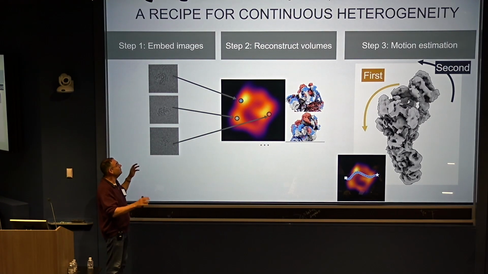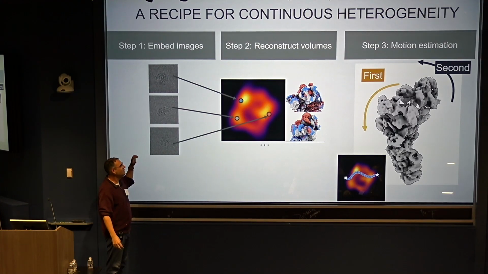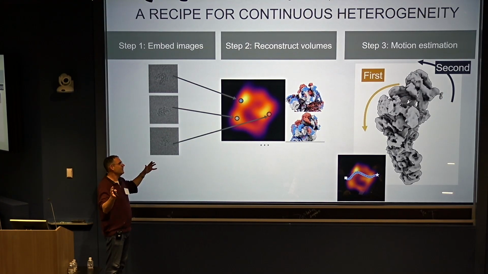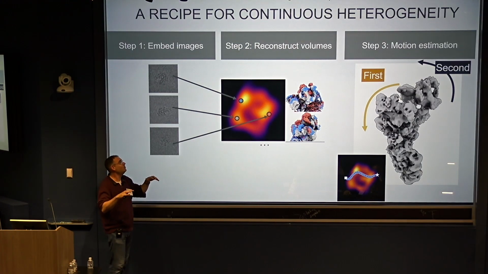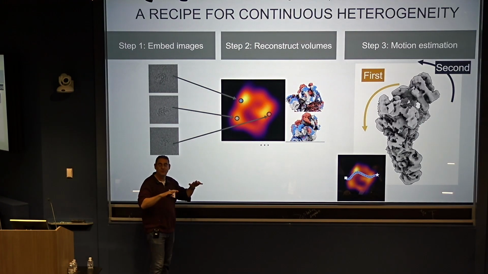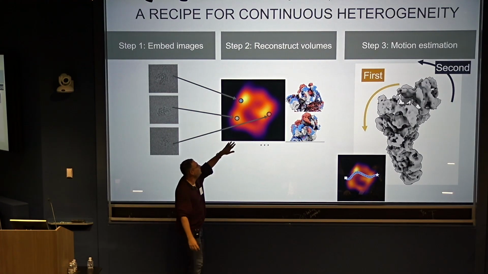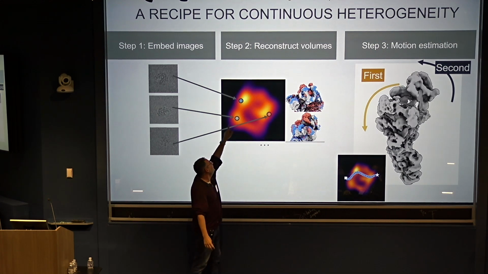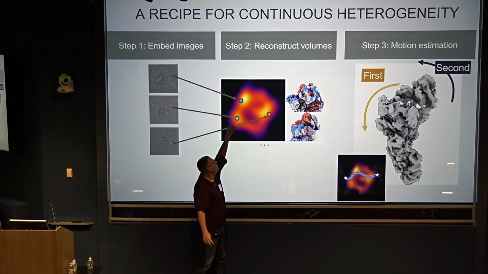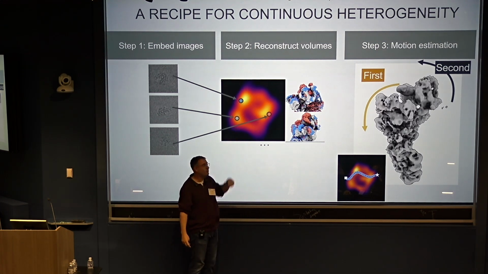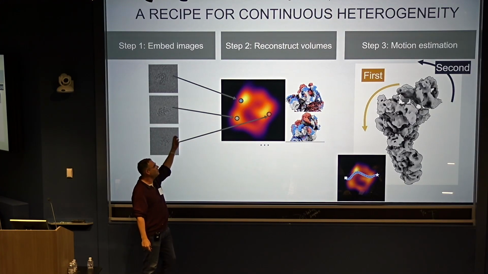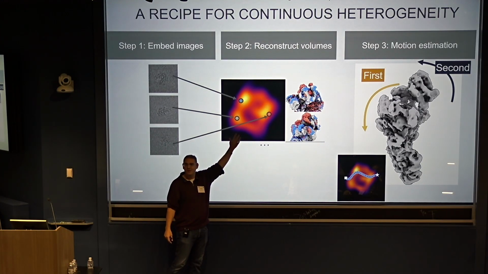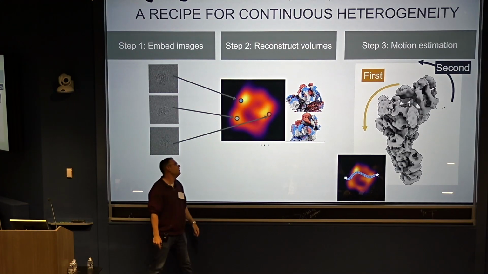The question is then about the latent space, but now this latent space corresponds to the latent conformational space. Every point in this conformational space will correspond to a different conformation of the molecule. So step one is to embed the noisy images in a common latent conformational space.